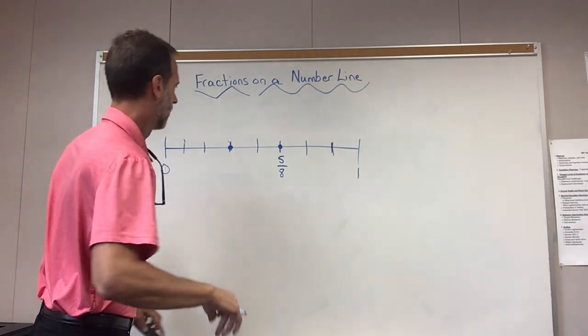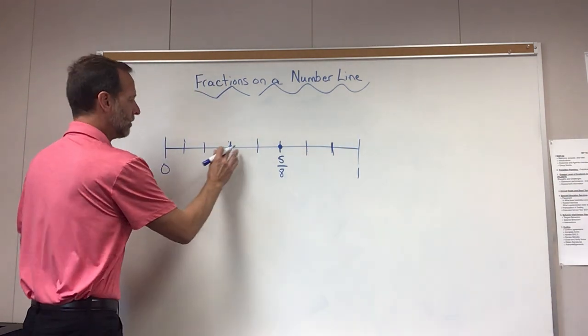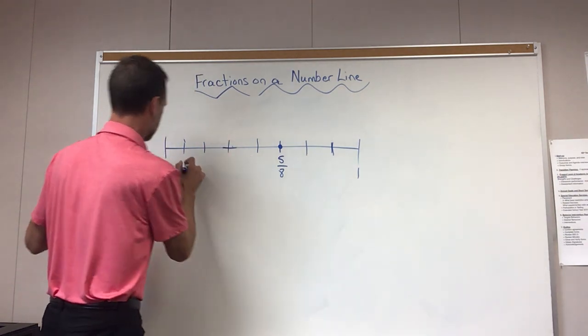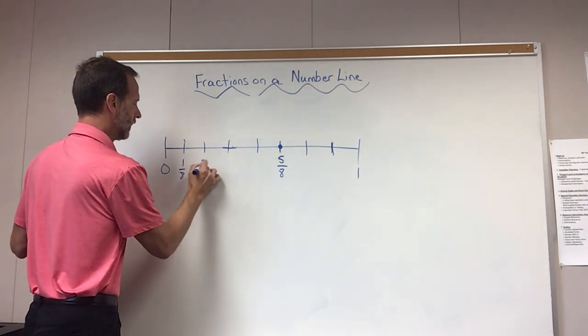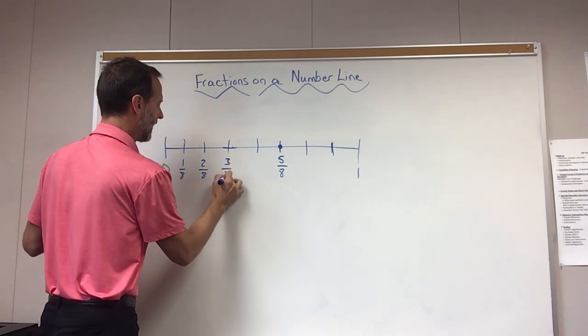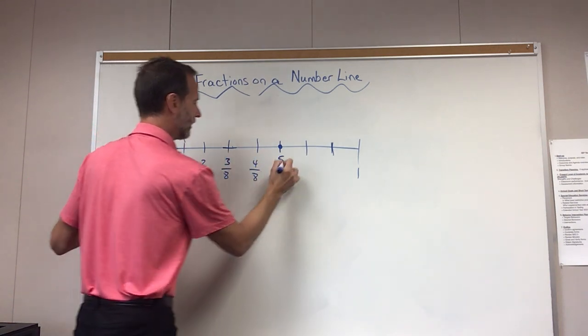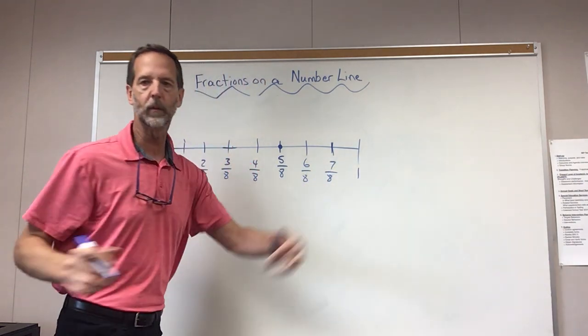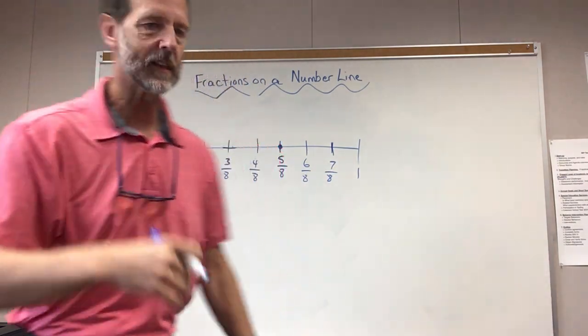Okay? While I'm on an eighths line, let me also talk to you about how it will be labeled. 1/8, 2/8, 3/8, 4/8, 5/8, 6/8, 7/8, and of course 1 would be how many eighths? 8/8, right?